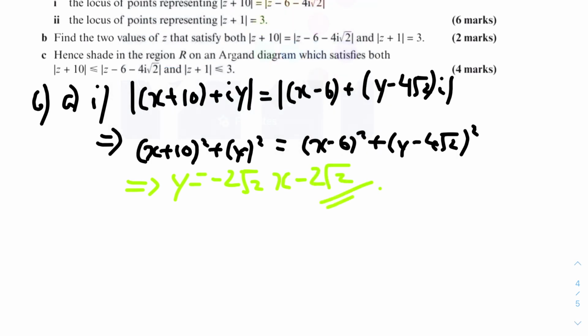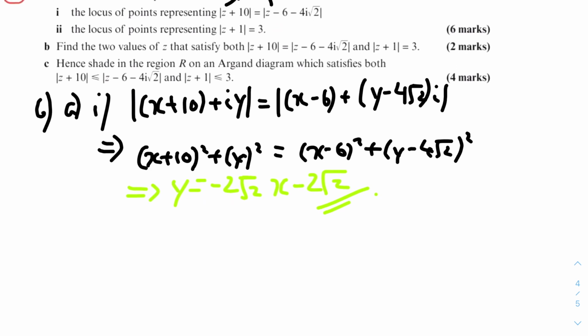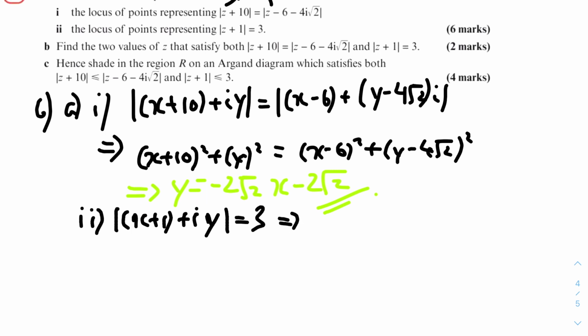And part 2, find the locus of points representing z, the modulus of z plus 1 equals 3. So we know that z equals x plus iy, so it will be modulus of x plus 1 plus iy equals 3. So therefore this becomes the square root of x plus 1 squared plus y squared equals 3.